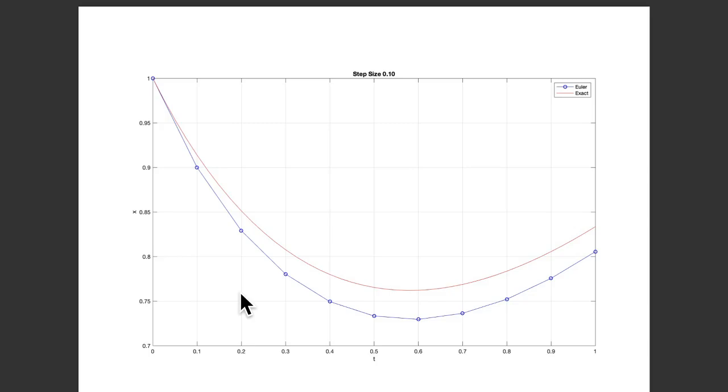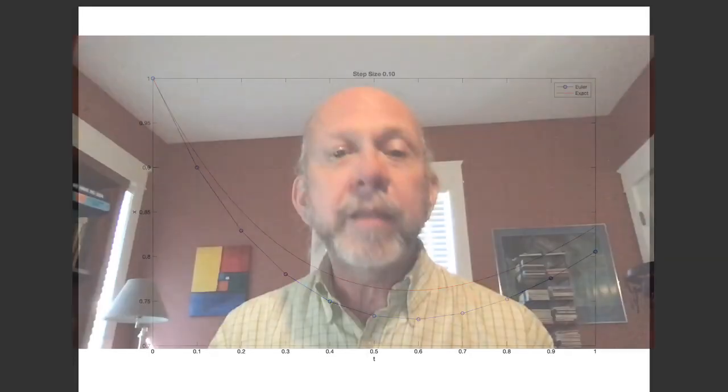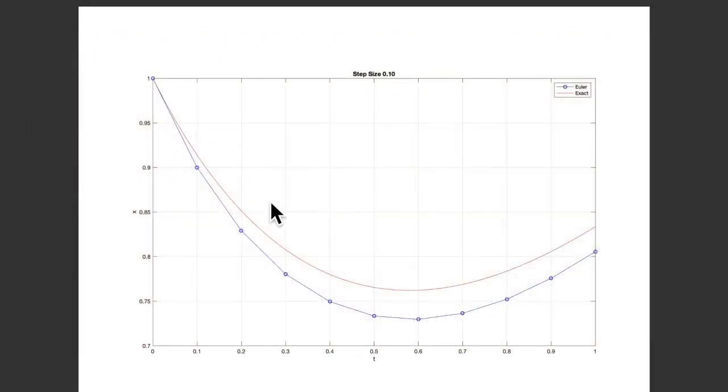So Euler's method is not giving you an exact solution, but you can see that it's giving you an approximate solution. And I bet if you thought about it, you could guess how you might make that solution a little more accurate, right? Decrease the step size. Well, if you do that, I won't go through the calculations by hand again. Let me just show you the result.